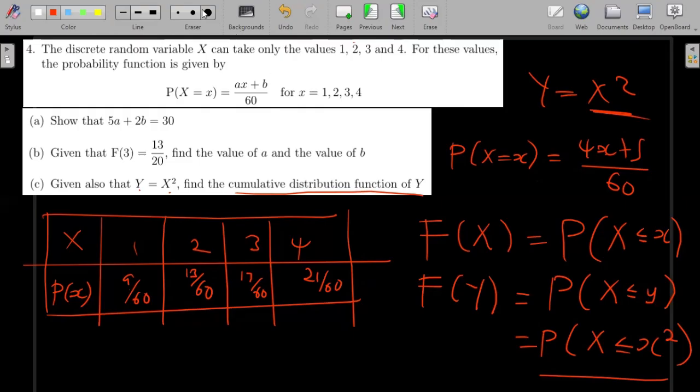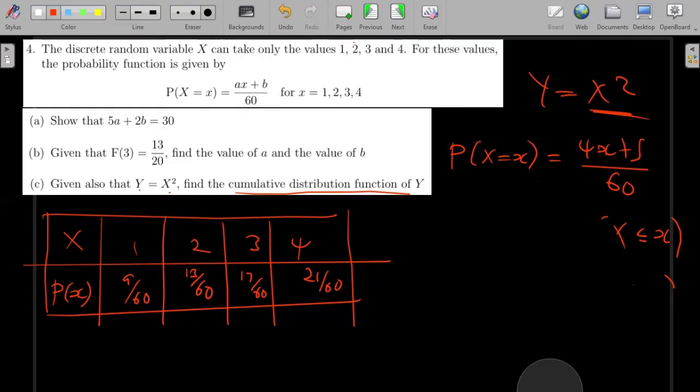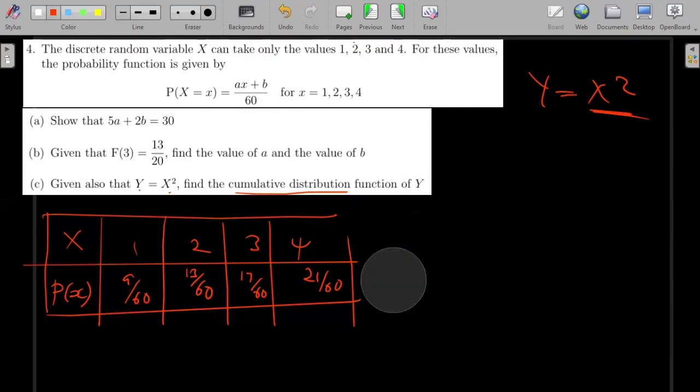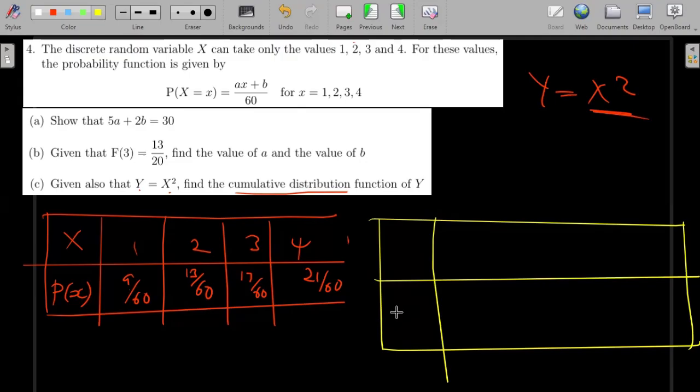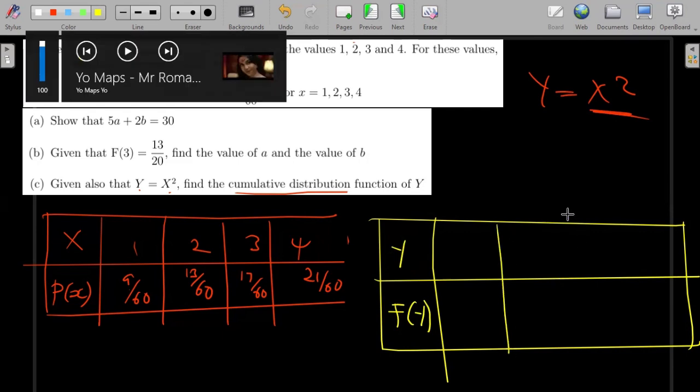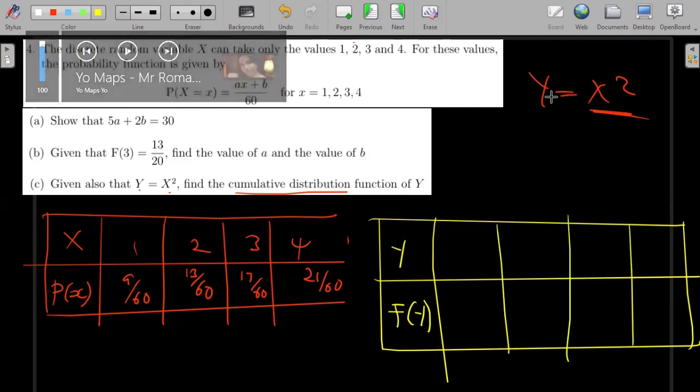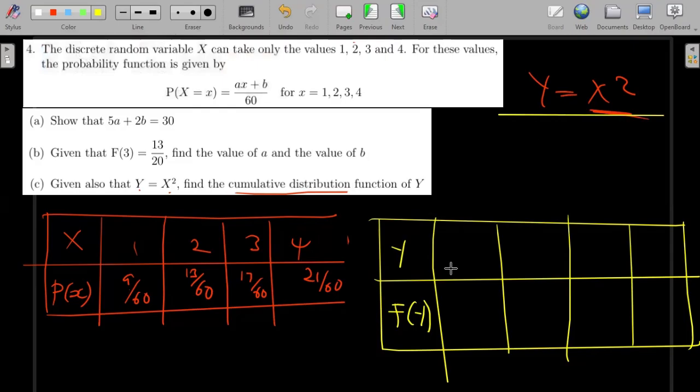Okay, so what I'm going to do here is just draw up another table that I'll put in terms of y. So that table is going to be like this. Here I'll put the cumulative of y, and then here I'll put y. So the y values, I'm going to get them using this formula here. So if x is 1, y is 1. If x is 2, it means y will be 4, right?